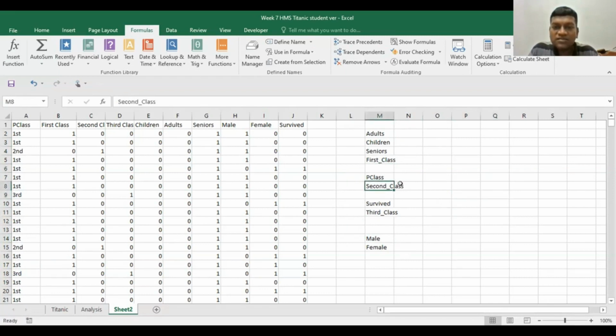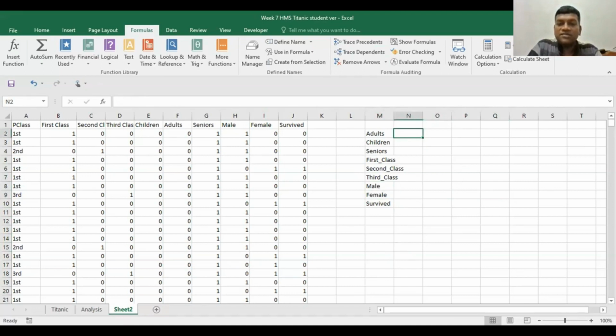First class, second class is here. Passenger class is not required. For second class, third class is here. Then I have male, female data here. And then whether survived or not. Okay, fine.